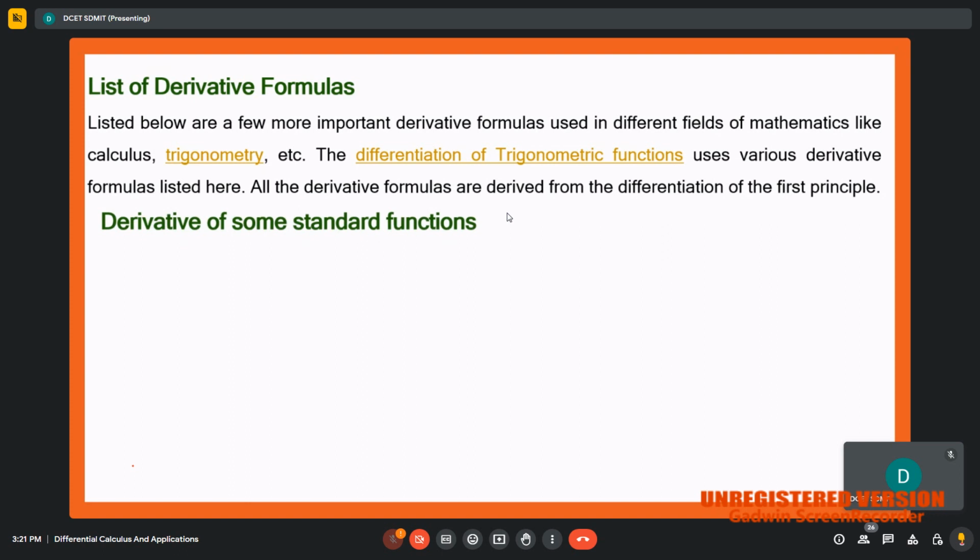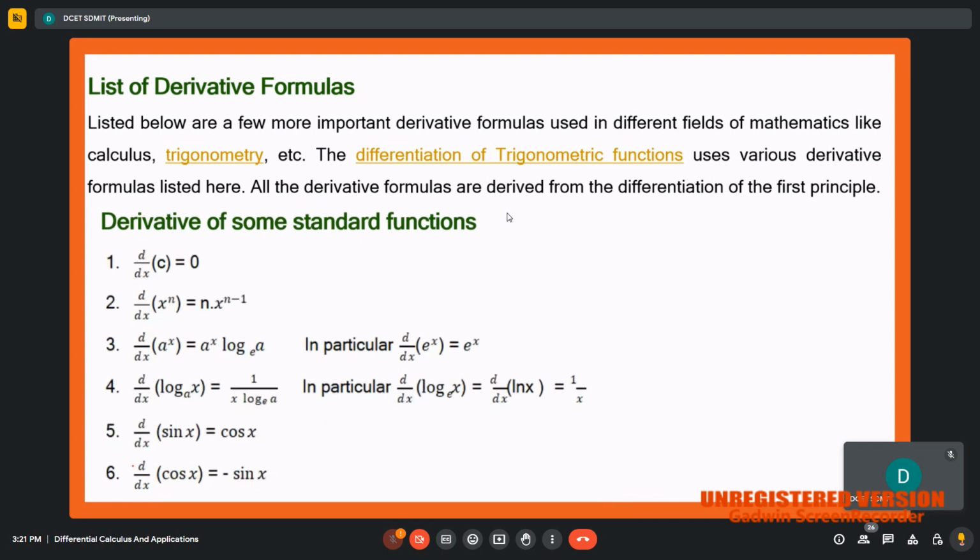Now see some standard differentiation. When you are solving differential equations or finding derivatives, you have to know some important standard functions. What are the important standard functions? First, c is a constant. What is the differentiation of the constant term? I have already derived it and shown you why a constant gives 0. So differentiation of the constant term is 0.